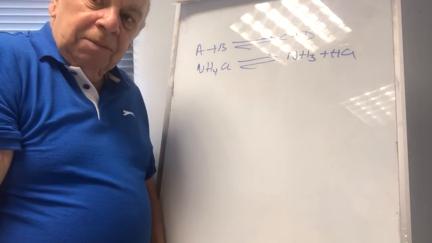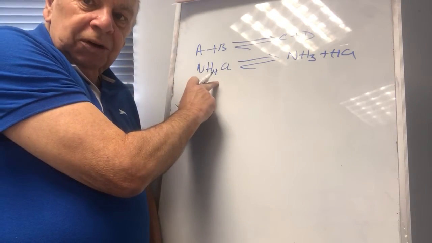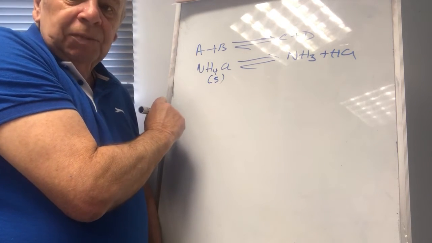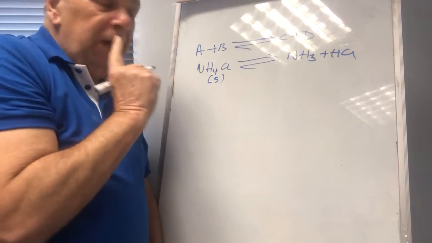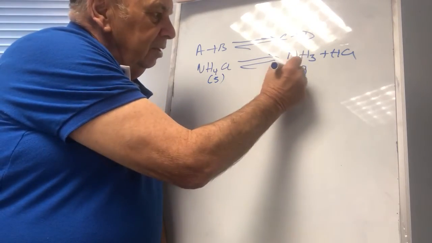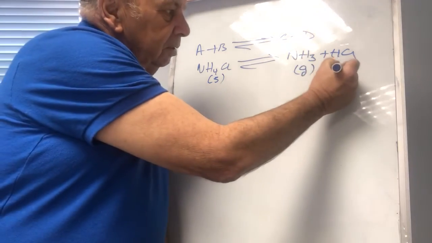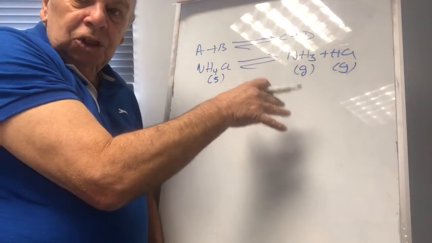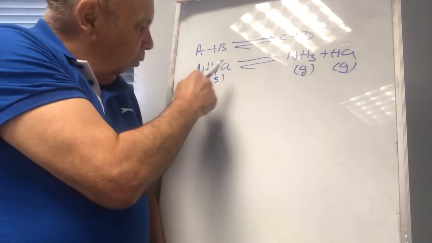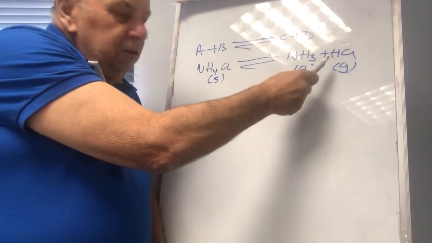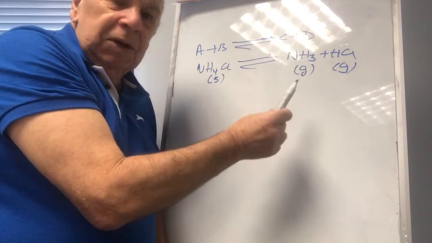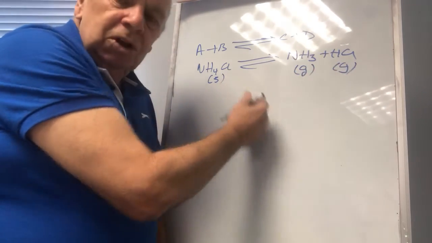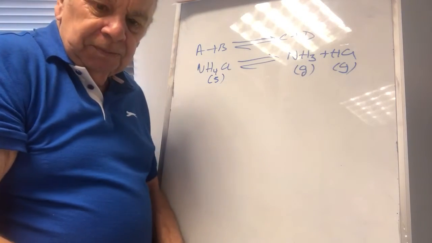When I heat that solid powder, it gives me a vapor or a gas: ammonia gas and hydrogen chloride gas. You get a white smoke formed when that is heated. The white smoke, which contains ammonia and hydrogen chloride, combines together, so it forms the reactant.